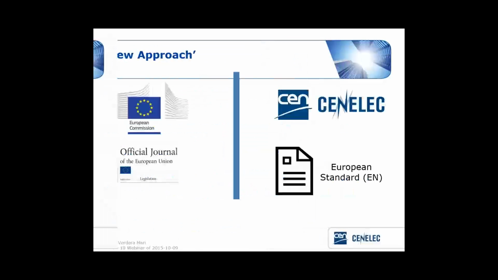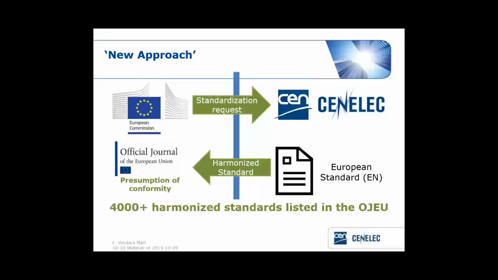And what is a harmonized standard? A harmonized standard normally is when we have a European Commission which, together with the Parliament and the Council, have approved a regulation or a directive. So under this regulation or directive, the Commission, following the procedure in Regulation 1025, launches an invitation, which we call standardization request, to develop harmonized standards.